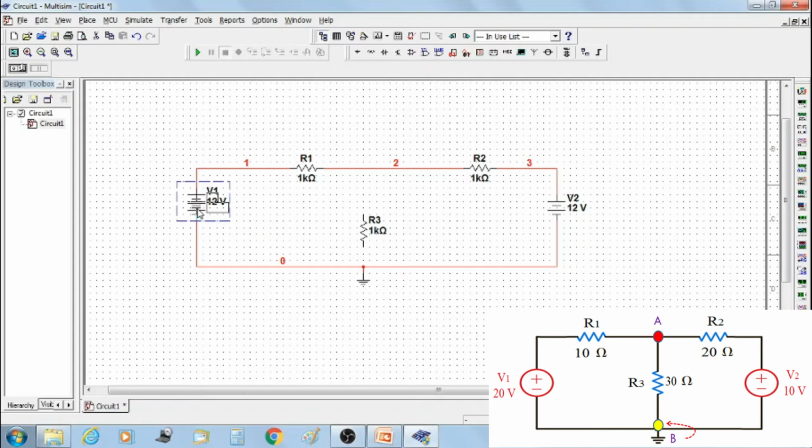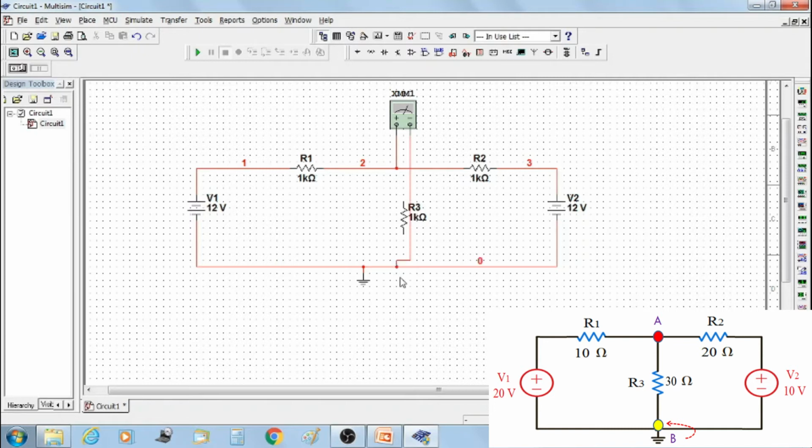In Thevenin's theorem, we are applying two voltage sources simultaneously. Take a multimeter. Connect the multimeter between resistor R1 and R2 and to the ground.